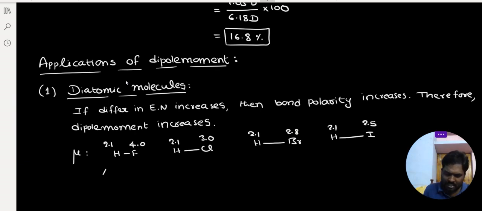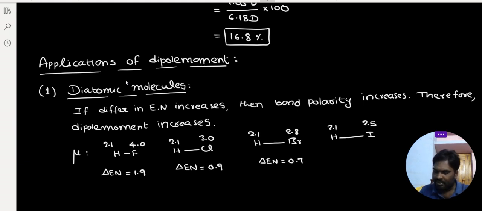Now the difference in electronegativity, delta EN: for HF it is 1.9, then 0.9, then 0.7, and for HI 0.4.